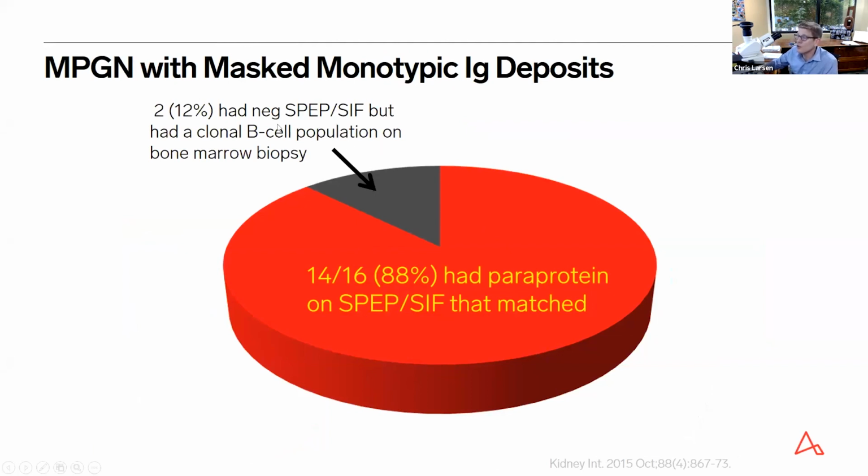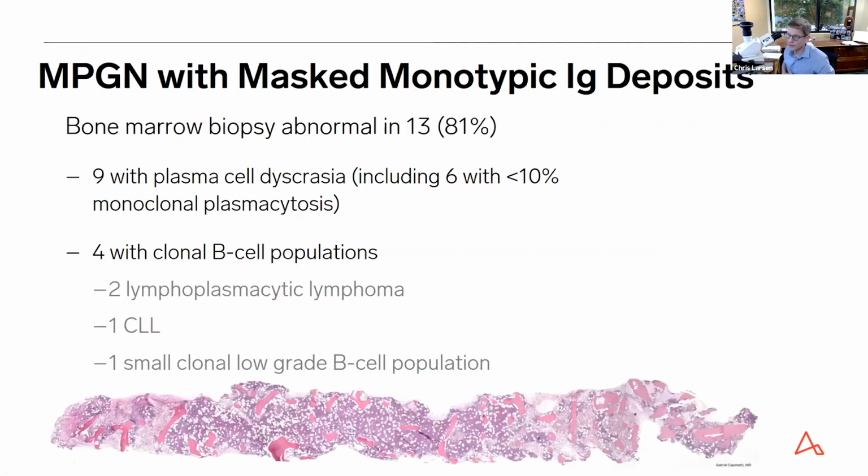There were 2 cases that were negative for any M spike, but both of those had a clonal B cell population detected on the bone marrow biopsy. So all 16 of the cases had an identifiable clone or a monoclonal immunoglobulin. 100% of these truly had probably an underlying clonal process driving them.